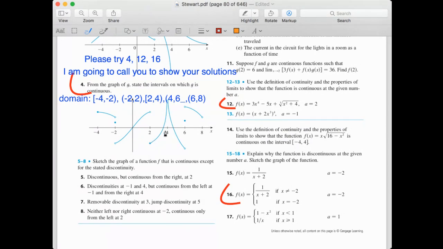So 2 up to 4. Because this seems to shoot up to infinity, 4 is not in the domain. So from 4 up to 6 open, and also open parenthesis, 6 up to 8. Okay, great.